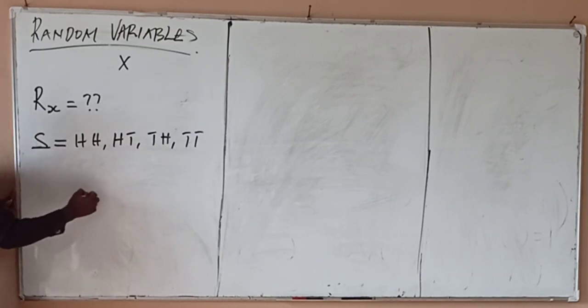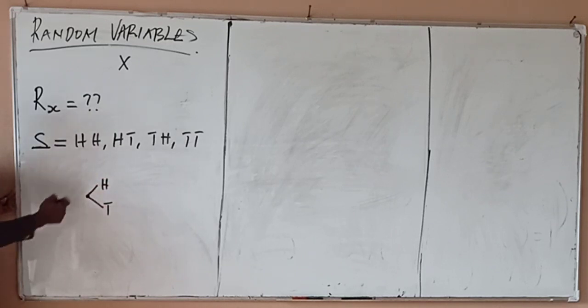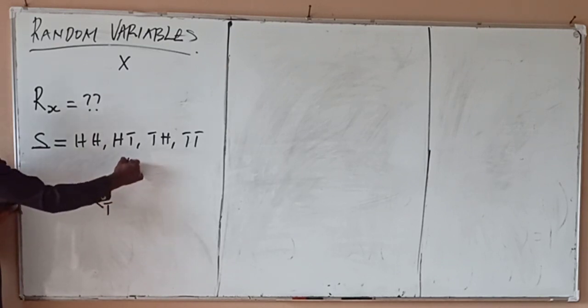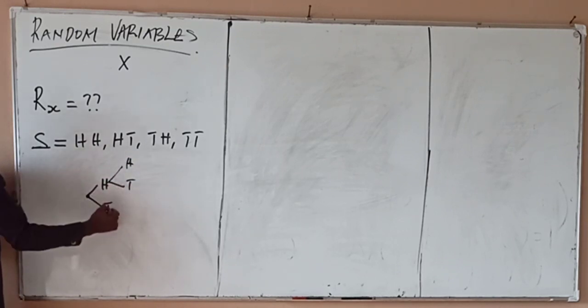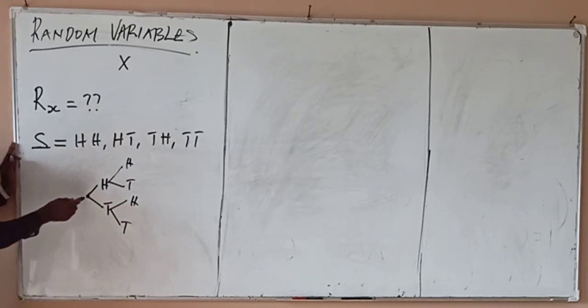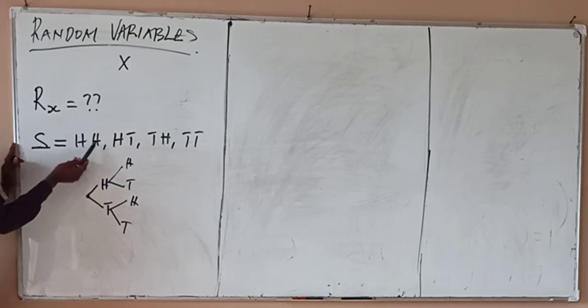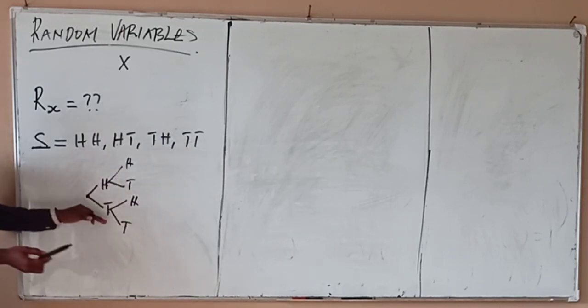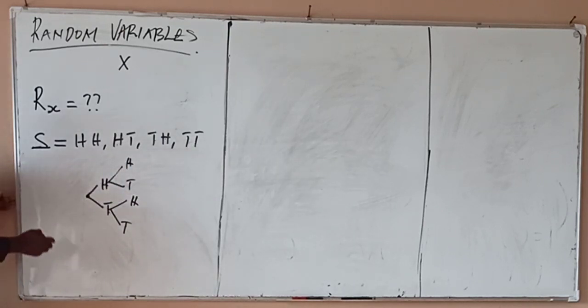You toss it once, you will have either head or T. You toss it again, you have either head or T. So the sample space will now be head head, head T, T head, T T. We get it from this tree method.